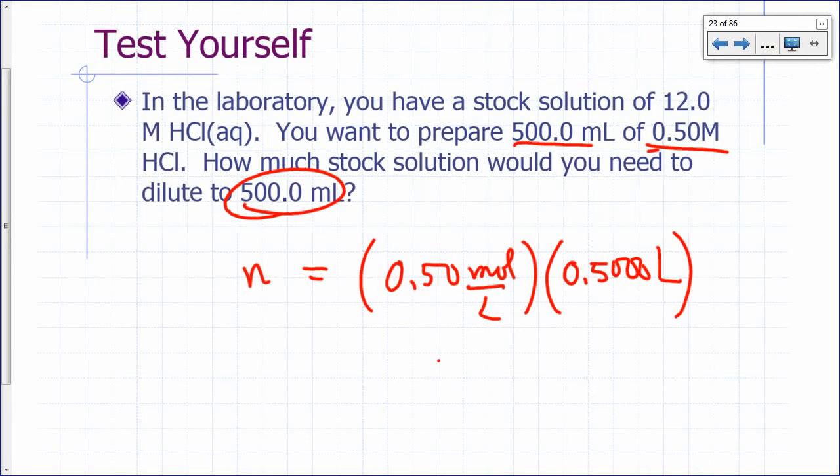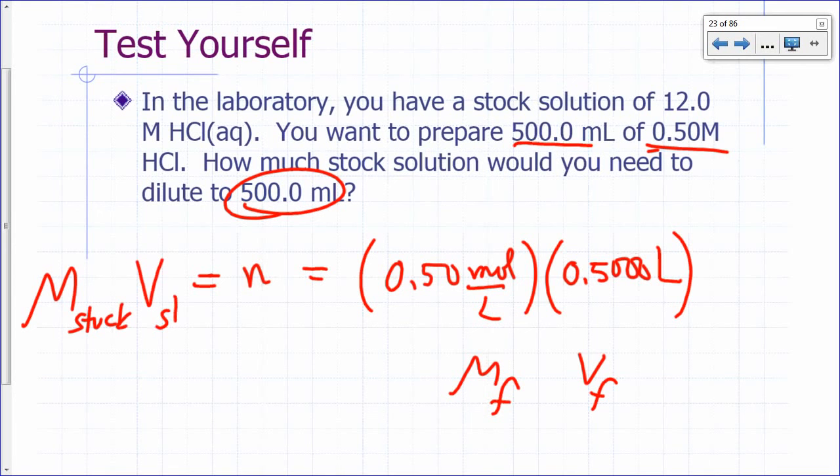That's the desired molarity times the desired volume, your final molarity and final volume. Well, that's going to have to be equal to the moles you can get from the stock. So the molarity of the stock solution times the volume of the stock solution that you're going to need must be equal to that.